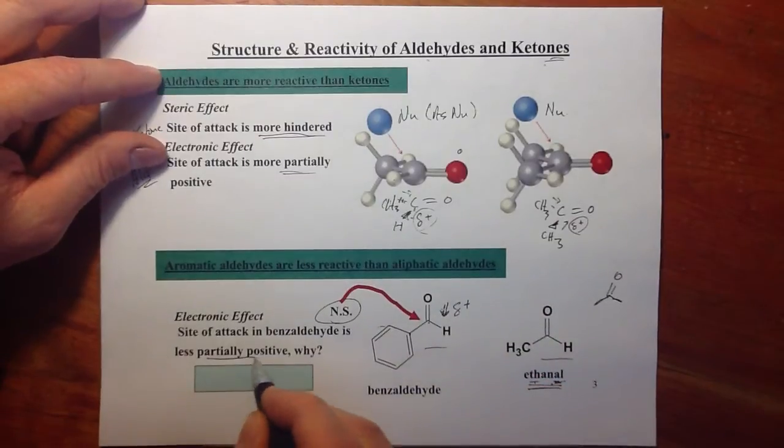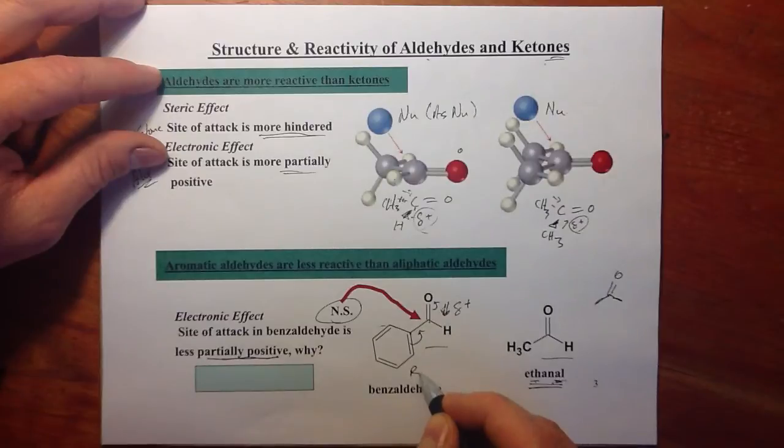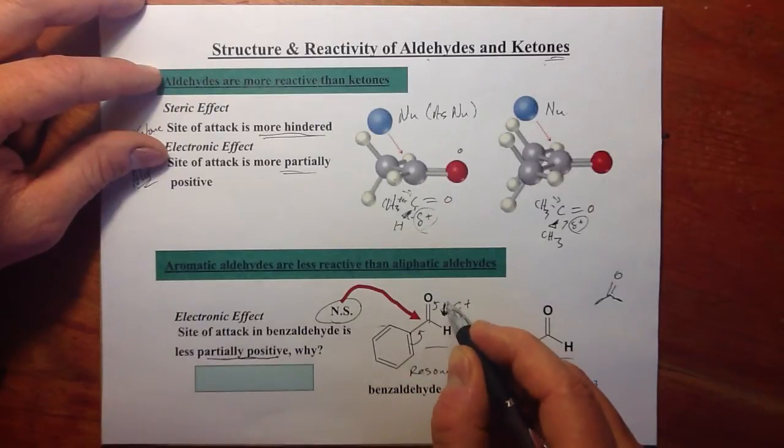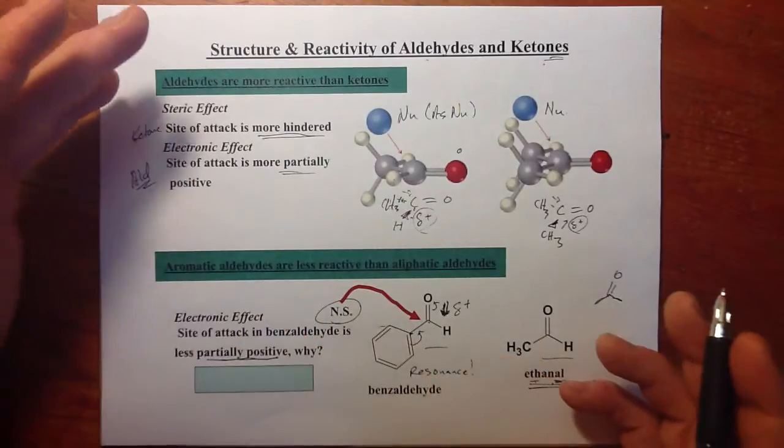So it's less partially positive because we can have donation by resonance, and I'm just drawing the arrows that would get us started. That lowers the partial positive charge, so this is less likely to attack.